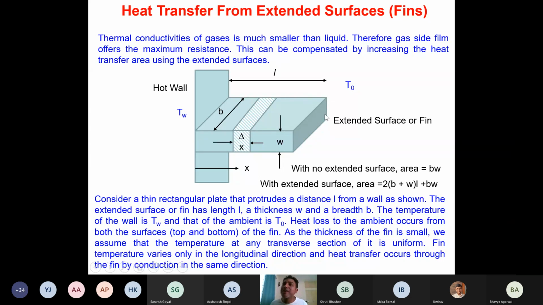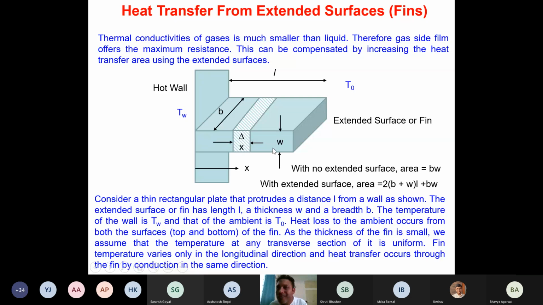So that is going to give me the maximum temperature driving force. TW minus T naught is going to be the maximum temperature driving force. So we are assuming that maximum driving force is available at all locations along the X direction. So that is the hypothetical concept.